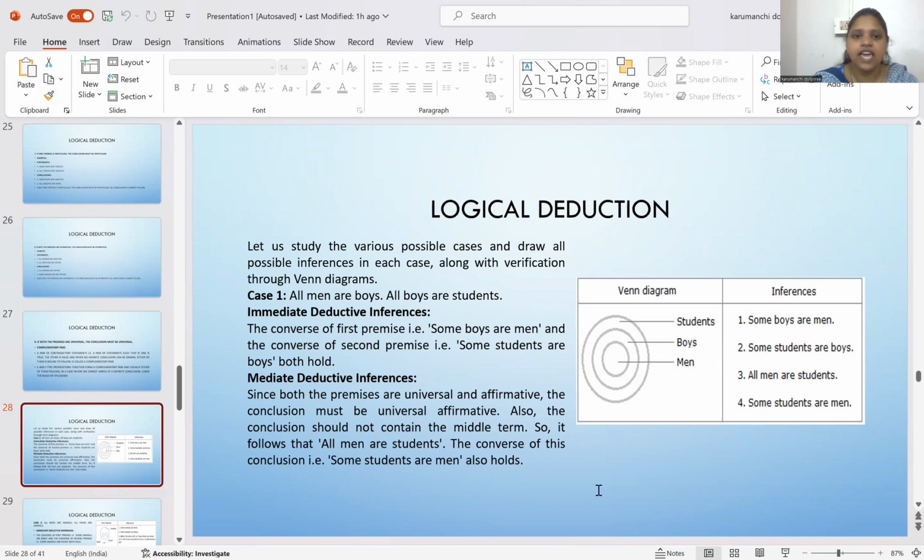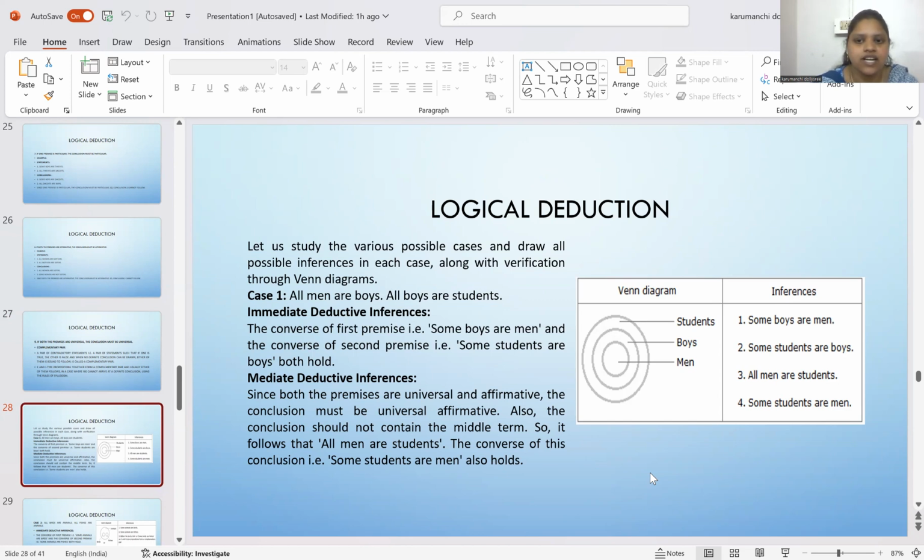If we take case 1, all men are boys, all boys are students. Using immediate deductive inference, the converse of the first premise is some boys are men and the converse of the second premise is some students are boys.